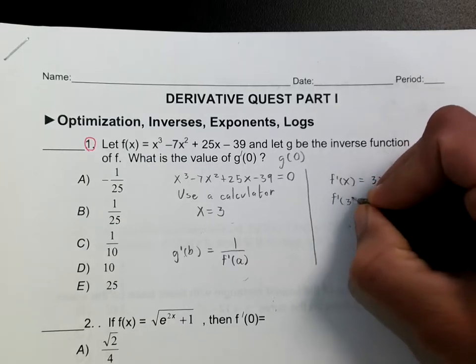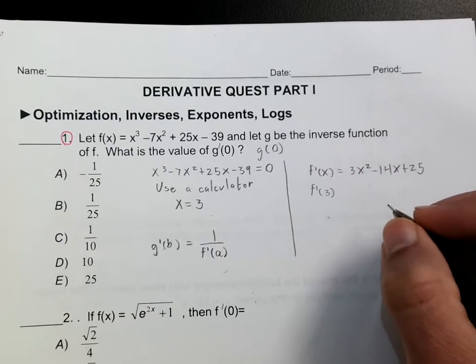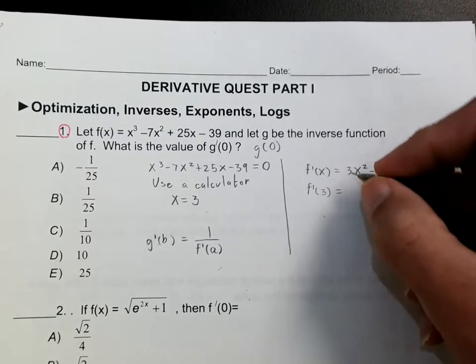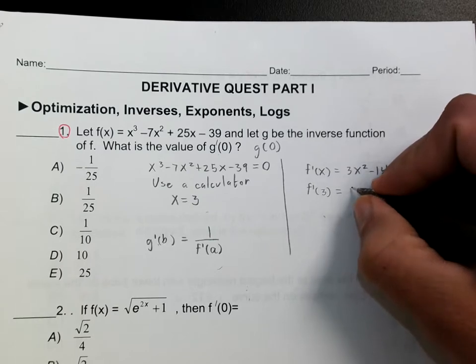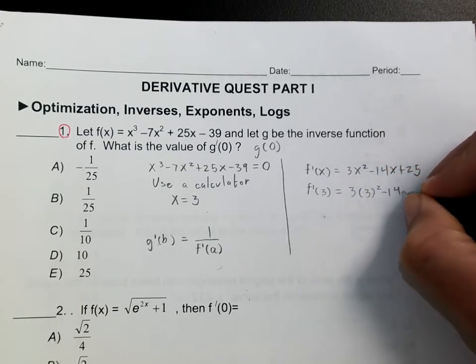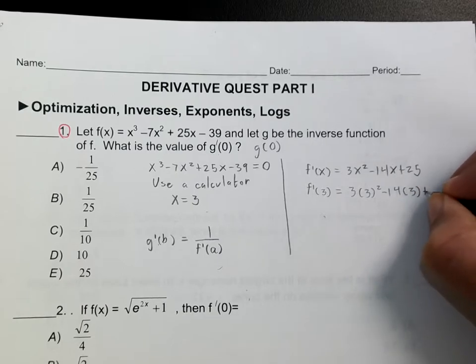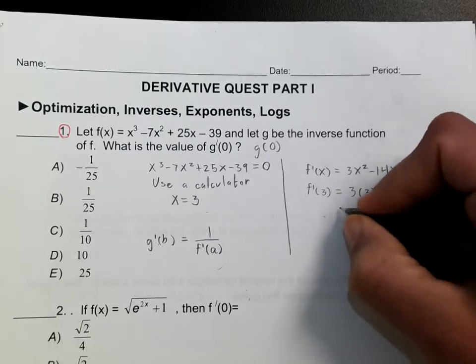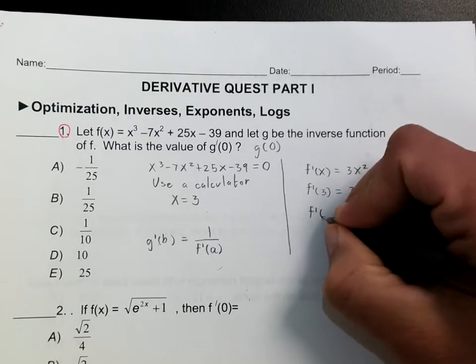So again, I'm plugging that 3 into it. Alright, so this is going to be equal to, and again, obviously you can use a calculator on this also. Blah blah blah, the answer is 10.